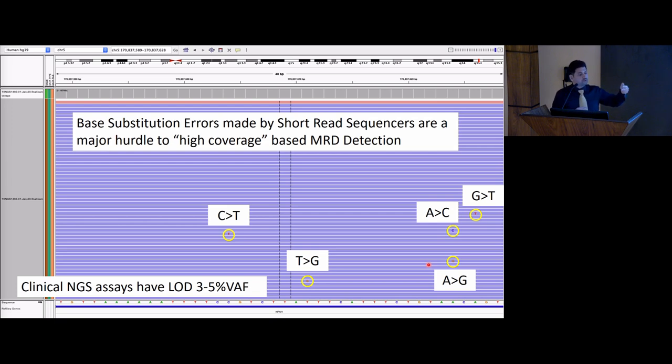Two, when you do end repair, the repair processes may not be intact enough to repair these changes. Three, if you are using formalin-fixed tissue or any old DNA, formalin-fixed tissue and old DNA bring about chemically induced changes of C to T, which are called, I forgot what it's called, but these are chemically induced, deoxo 8G.